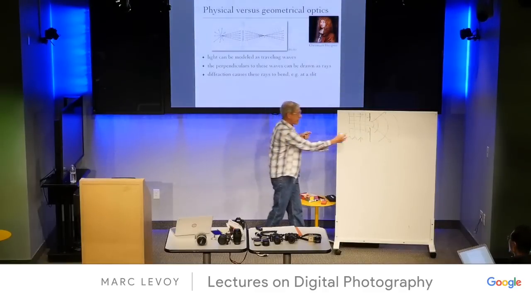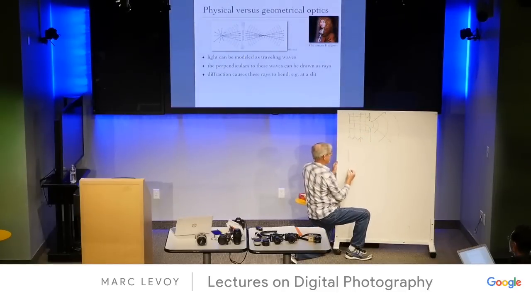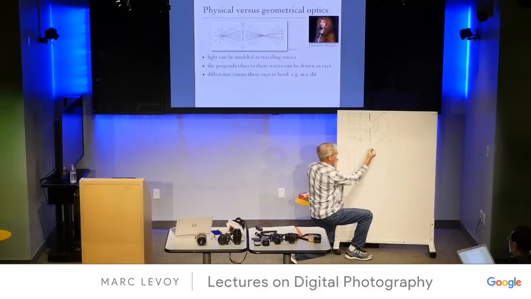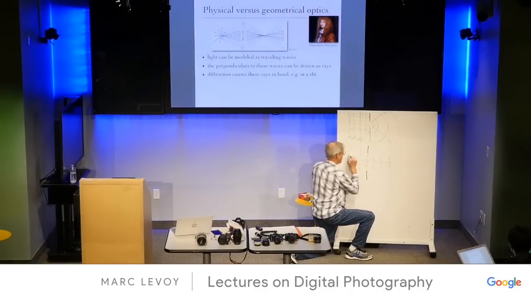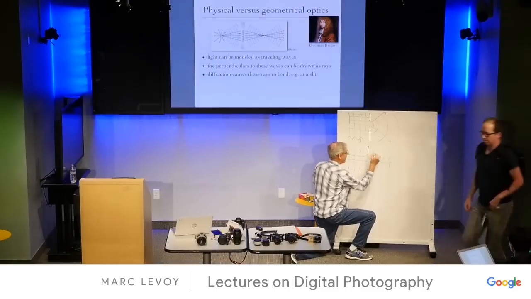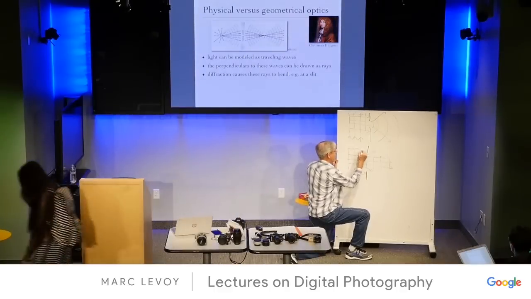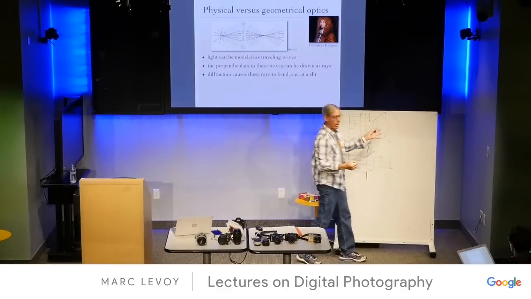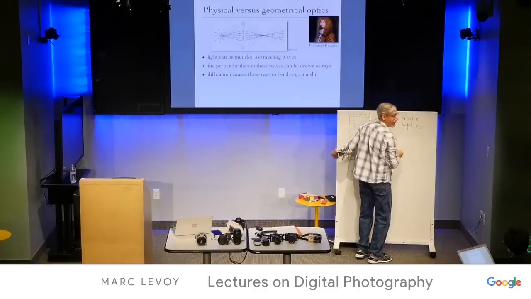Now, if the wavelength is small relative to the slit, or I can draw that very simply as a big slit, like this, then there's a section in the middle that bends very little or not at all. And maybe there's a little bit of bending at the edges. So if the slit is small, this is the regime of wave optics, or sometimes called physical optics.